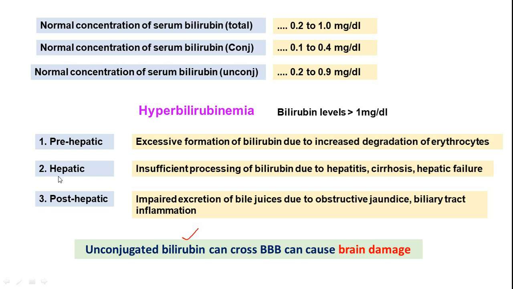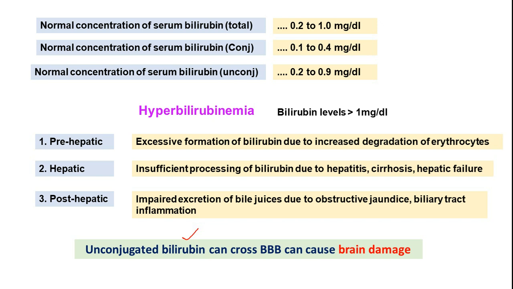And the second condition is hepatic, meaning within the liver, what is happening? Within the liver, the liver is supposed to convert bilirubin to bilirubin diglucuronide. That is the synthetic capability of the liver, and when it is compromised because of hepatitis, meaning viral infection, or cirrhosis, or hepatic failure, hepatic hyperbilirubinemia can happen. So these are three common reasons.